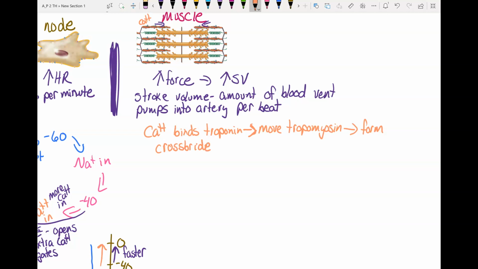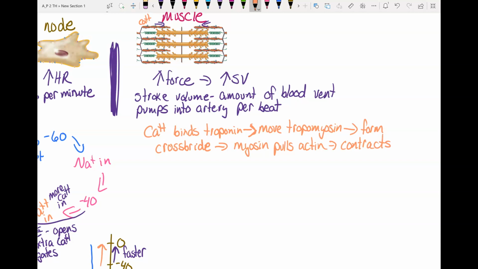And once you form a cross bridge, then the myosin pulls the actin in and the muscle contracts. It's kind of a simplified version. If you go back to chapter 10, you have all the detailed steps.